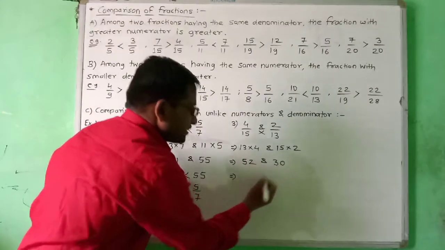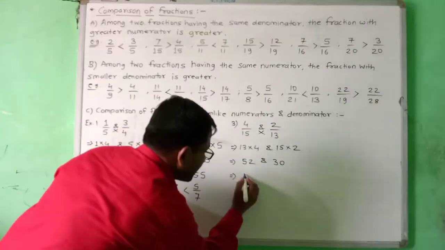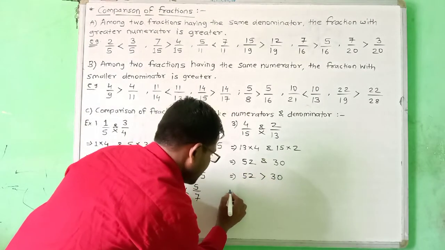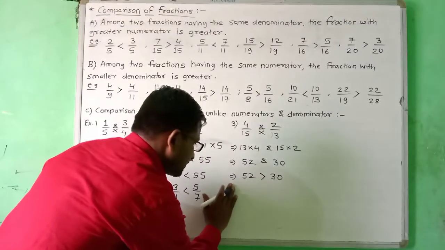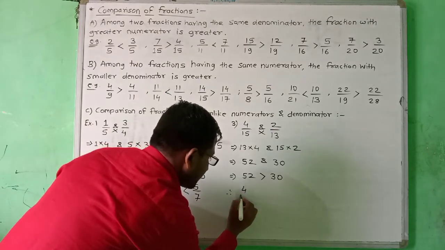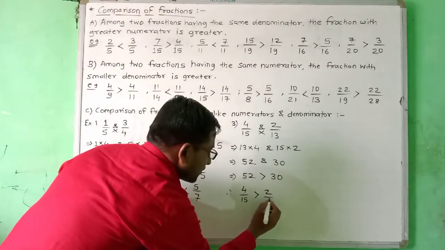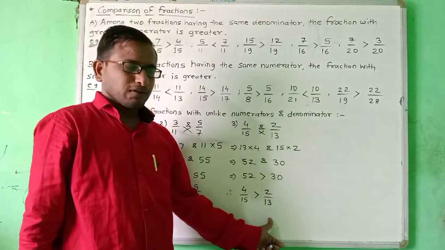Here 52 is greater than 30, so 52 is greater and 30 is smaller. Therefore 4 upon 15 is greater than 2 upon 13.